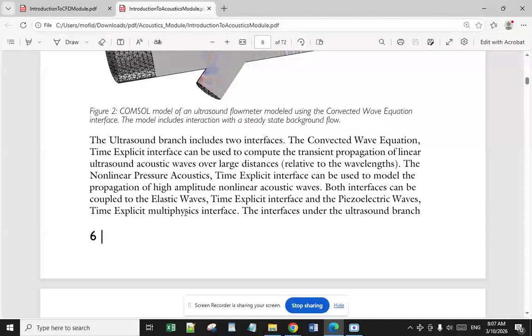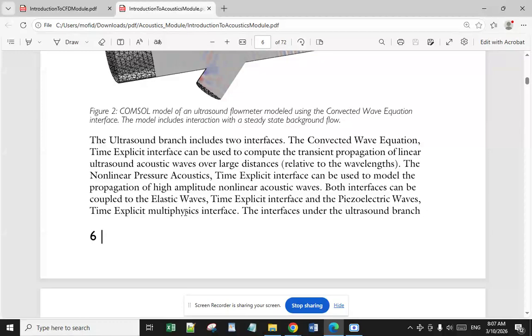The nonlinear pressure acoustics, time explicit interface can be used to model the propagation of high amplitude nonlinear acoustic waves.